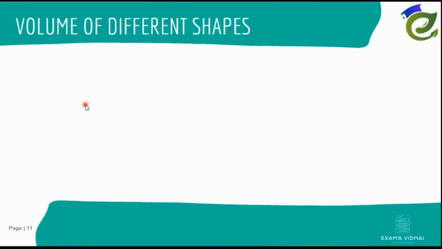So, volume of different shapes. We learned in the first session that volume exists only for 3D shapes. 3D shapes are nothing but three-dimensional or solid shapes which have length, breadth, and height.